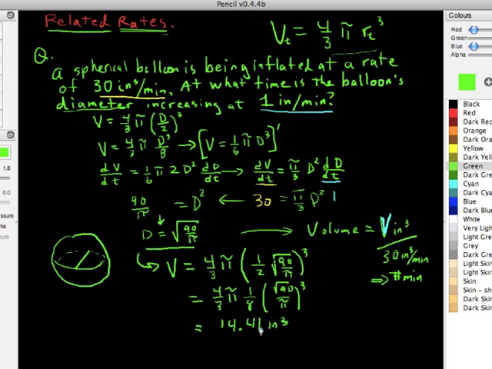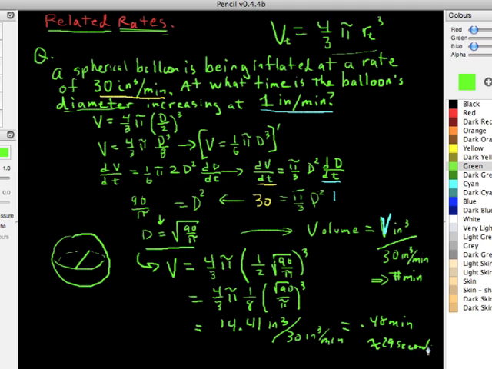And we know that it was a steady rate. We were pumping air into this balloon, and if we divide by, following this model over here, 30 cubic inches per minute, we come up with 0.48 minutes, which is roughly the same as 29 seconds.